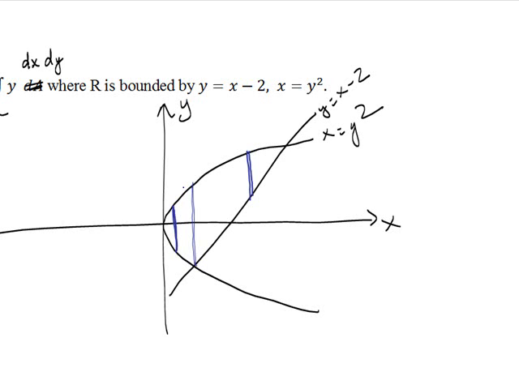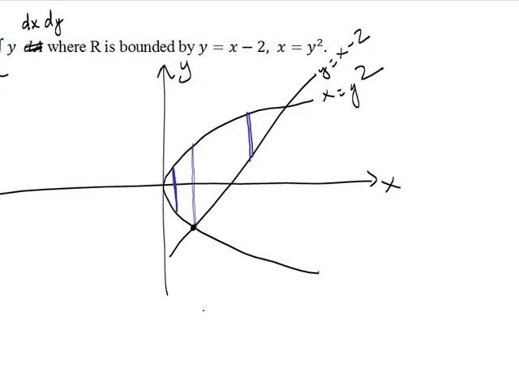Okay? So you will need to find these 2 points here. You need to find this. And to do that, you need to solve these two equations. All right, so let's just say we want to go vertically simple.